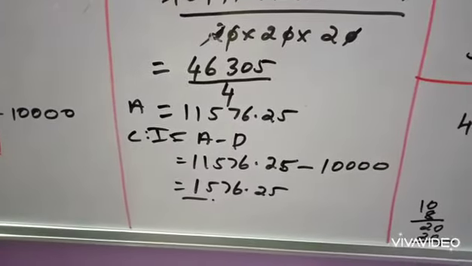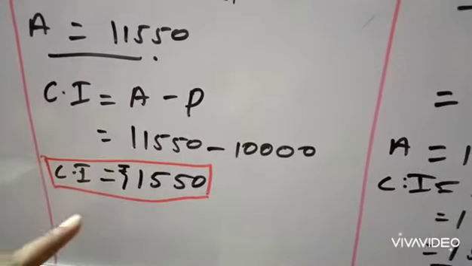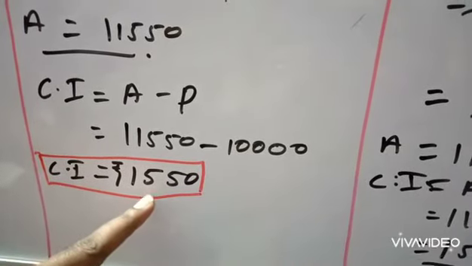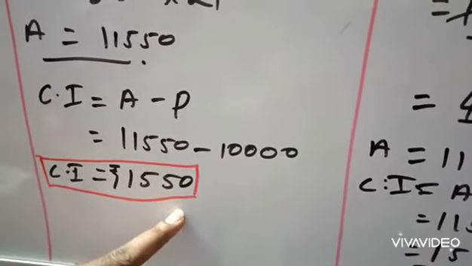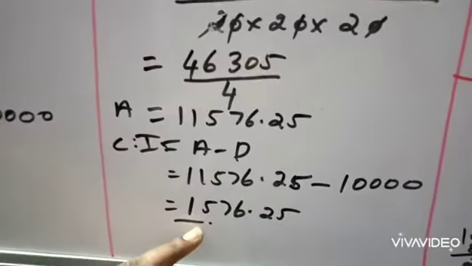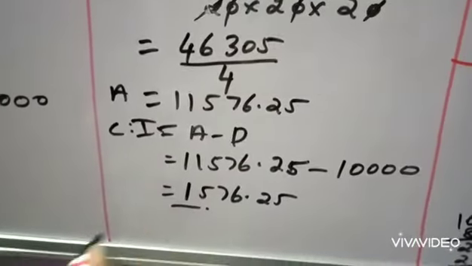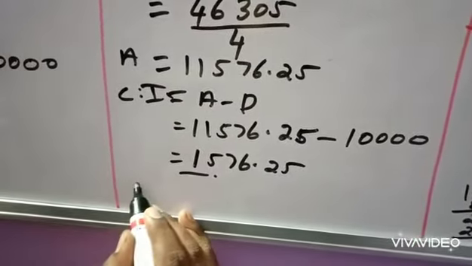Now we need to find the difference between both the compound interests. First we got 1550, which is compounded yearly, and now we have 1576.25, which is compounded half yearly. So what is the difference between these two?